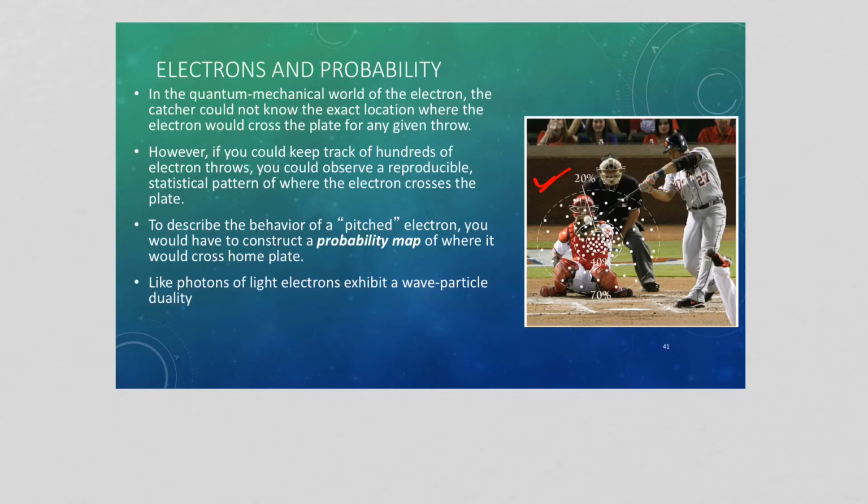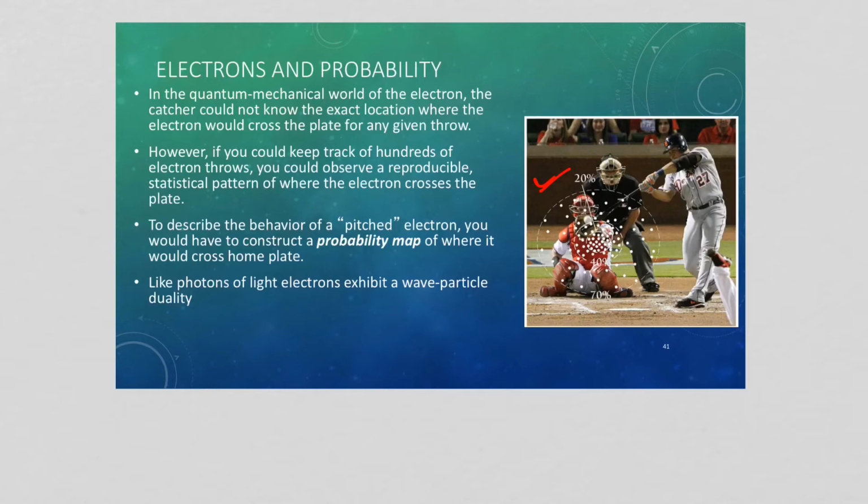And so that's what orbitals represent. They represent, to some level of confidence, where the electron is likely to be found, right? In what area of space. So that's the idea between these probability maps.